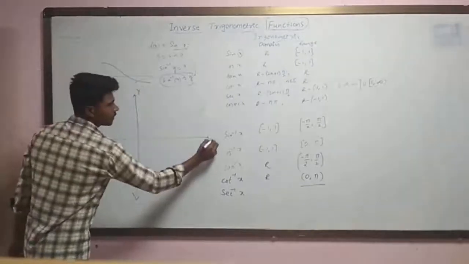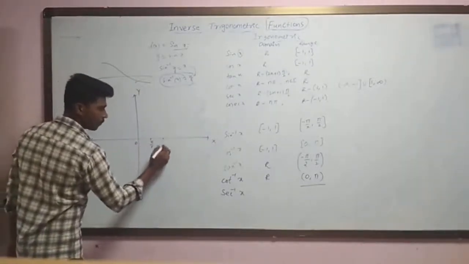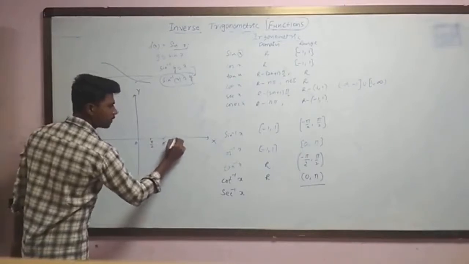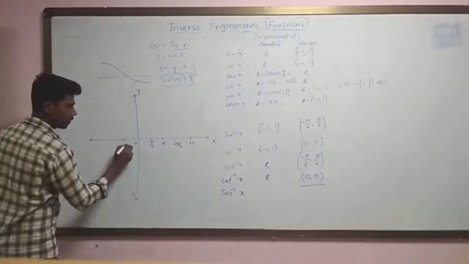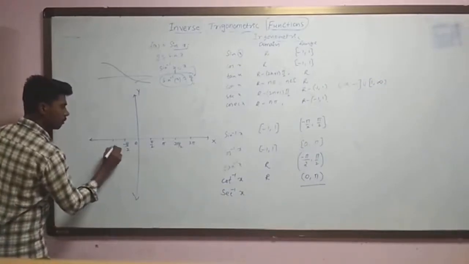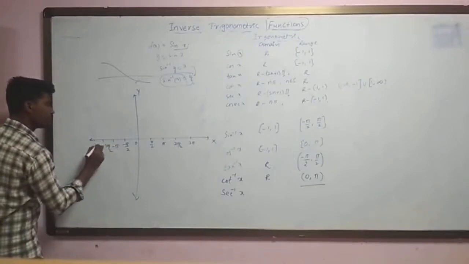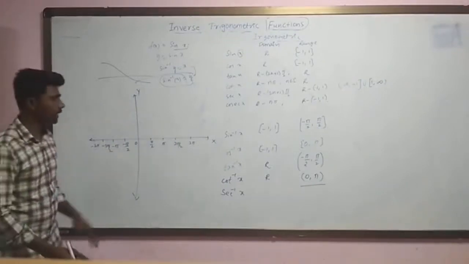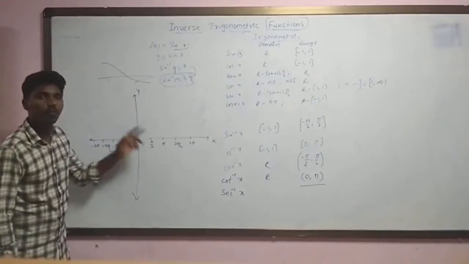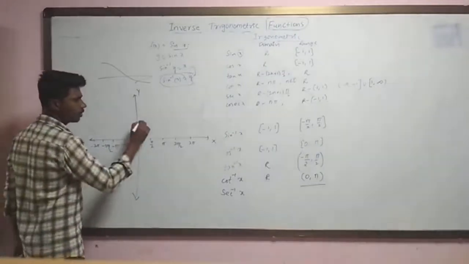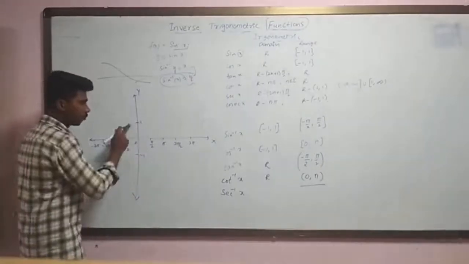On the axes, y and x, mark 0, pi by 2, pi, 3 pi by 2 and 2 pi, and minus pi by 2, minus pi, minus 3 pi by 2, minus 2 pi. Secant 0 is 1, so we start from 1.